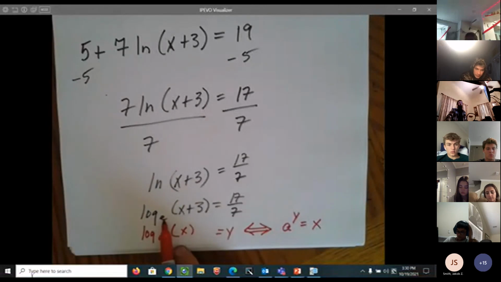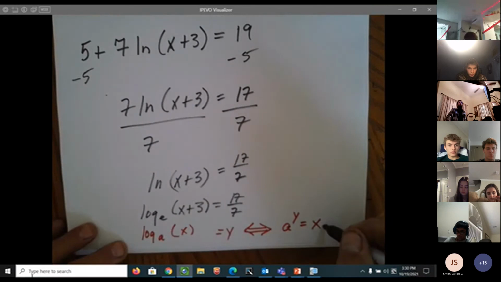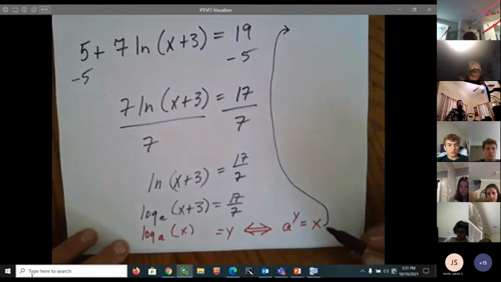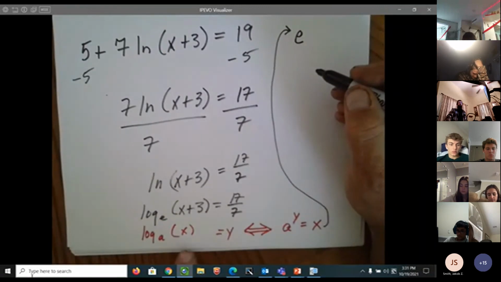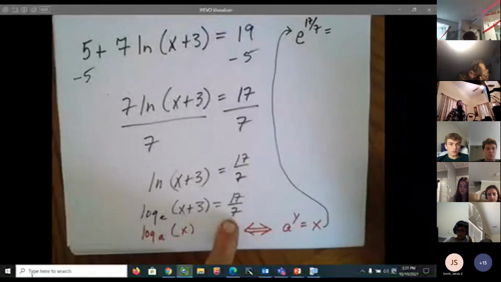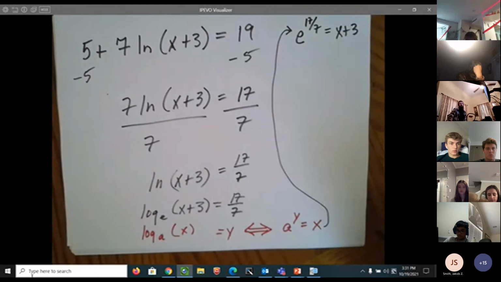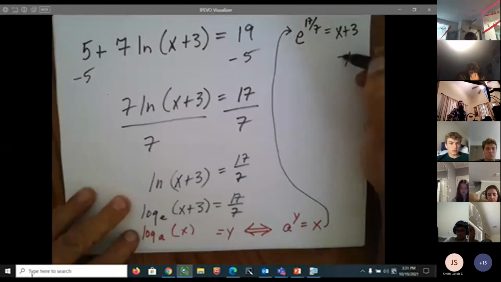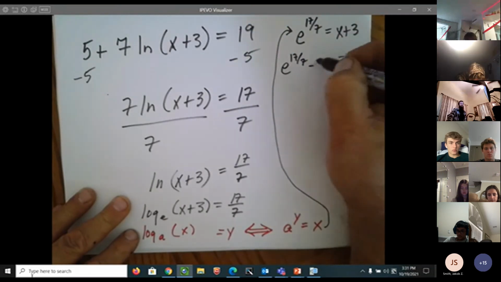So that means e to the 17 over 7 is equal to x plus 3. So a is e, y is 17 over 7, is equal to x plus 3. And now x is equal to e to the 17 over 7 minus 3.